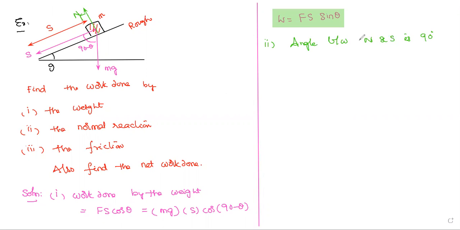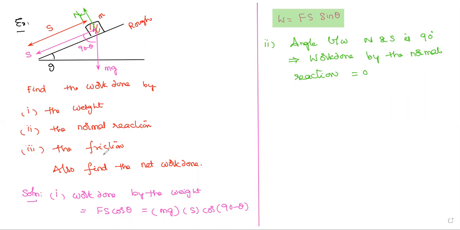We already discussed in the previous class that when the angle between force and displacement is 90 degrees, the work done equals 0. So the work done by the normal reaction is 0, since cos 90 in the formula Fs cos theta is 0.